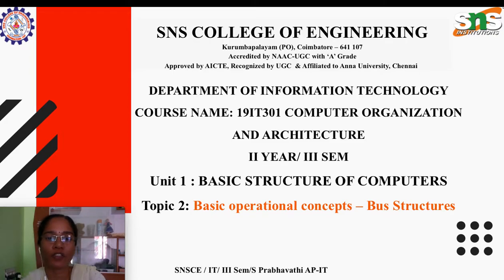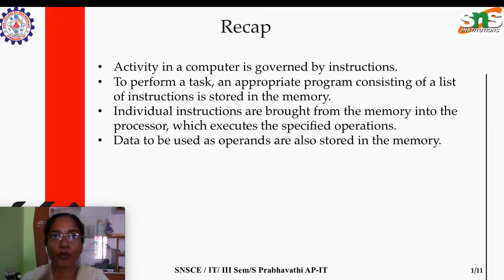In the very first topic, we have seen about the computer types and functional units. In the functional units, we have seen about the instructions. A program is a set of instructions. To execute a program, we need to store that program either in the memory or feed it straight to the processor.